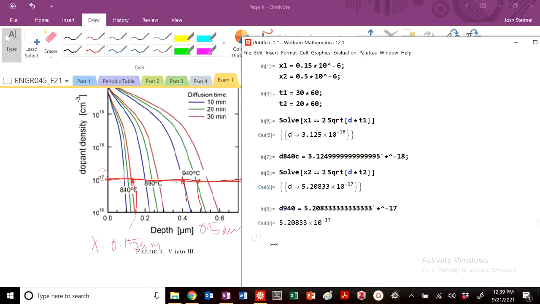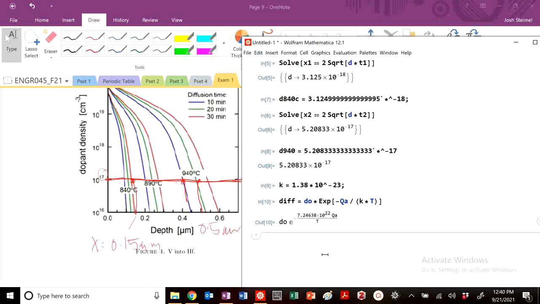Now I've got my equation for the diffusivity, D equals D naught times exponential minus Qa divided by k times T, and I'm going to define k equal to 1.38 times 10 to the minus 23. So let's start to solve.